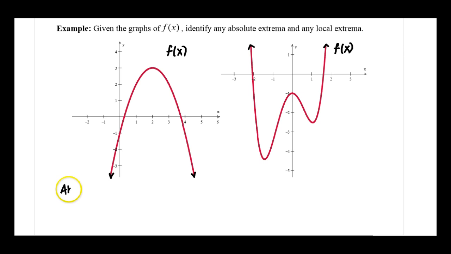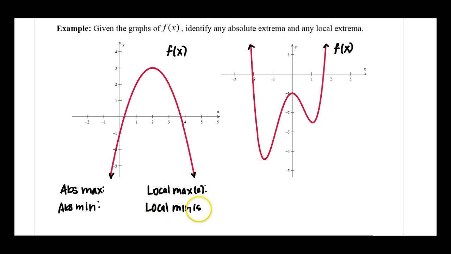I can have an absolute maximum, I can have an absolute minimum, and then I can have a local max, or I can have local maxes potentially, and local mins. So when the problem is asking me to identify absolute and local extrema, I have to take a look at all four of these different potential categories.